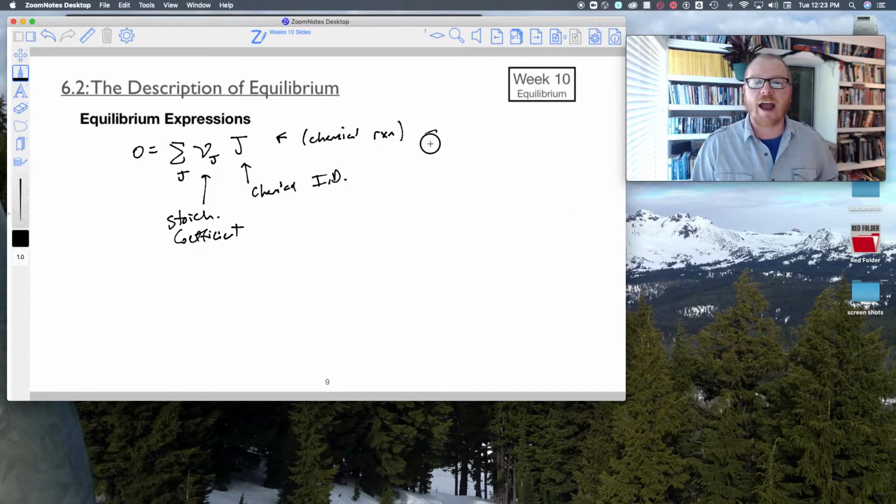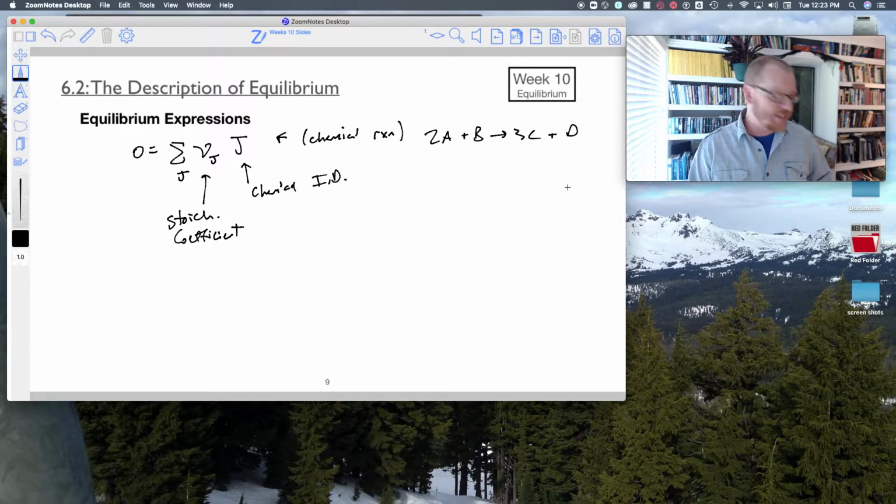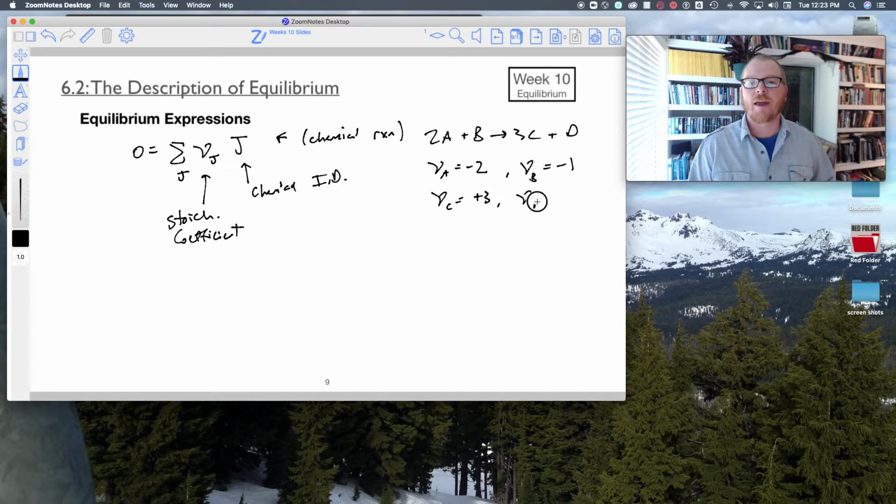So for example, if I have a reaction that says 2A plus B goes to 3C plus D, then first I have to establish all of my stoichiometric coefficients. So nu A equals -2. So we put a negative sign for reactants. Okay? Technically, nu B is -1, nu C is +3, and nu D is +1.